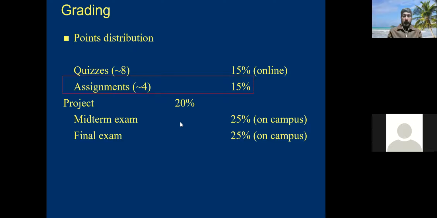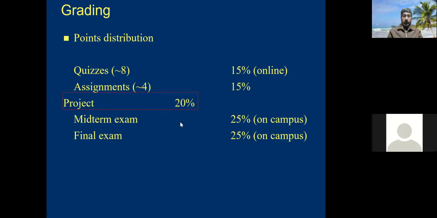You'll have about 4 assignments, which will comprise about 15%. Assignments are individual. There will be a project, 20%. There might be a slight difference between the projects for the undergrads and the grads. Of course, the percentage weightage would be the same, but the grads might have to do a bit more.